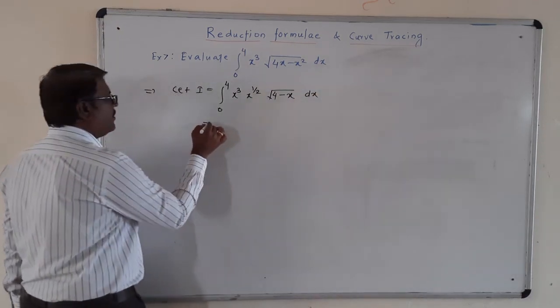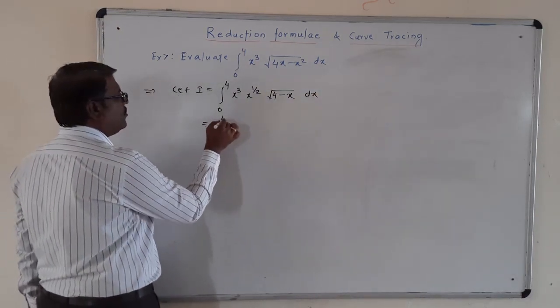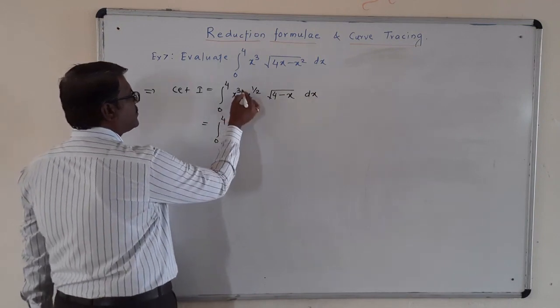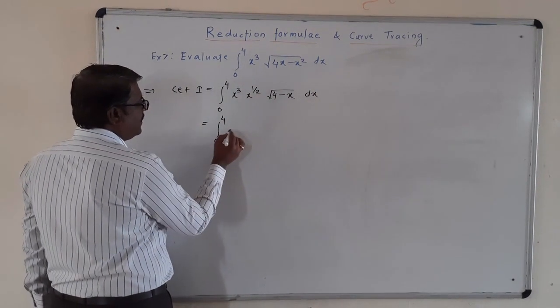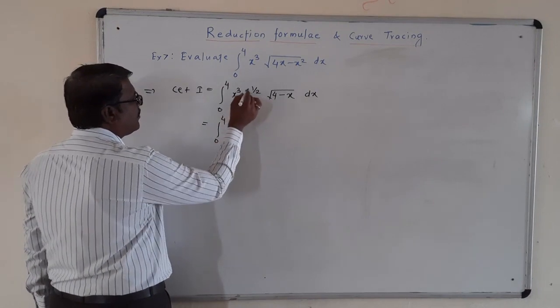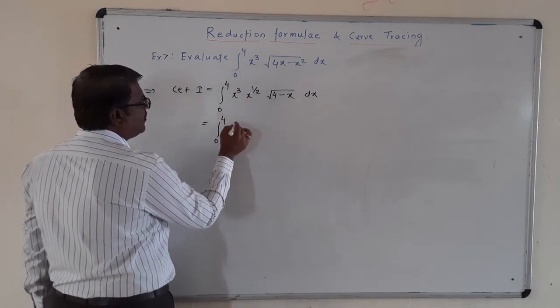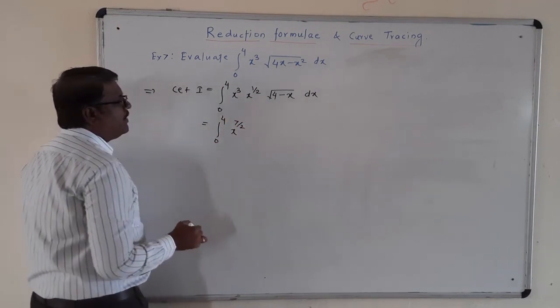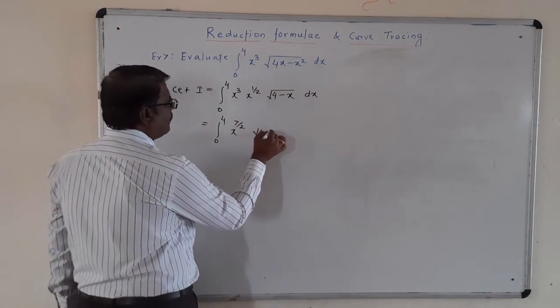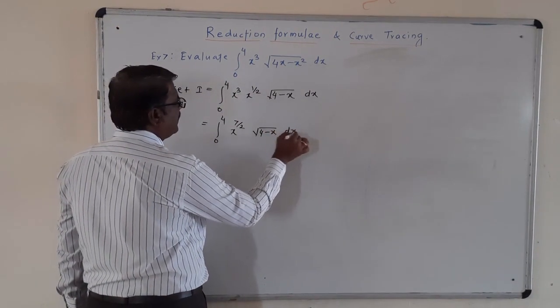Now this is nothing but integration 0 to 4, x raised to 3 and x raised to half, it is x raised to 3 plus half, which is 7 by 2, and then the root of 4 minus x dx.